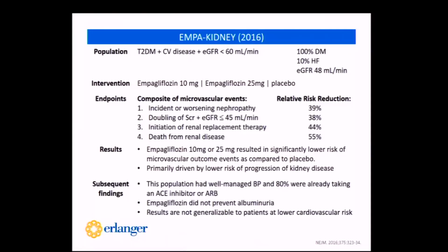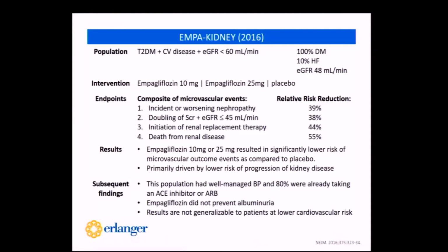So the endpoints really focused in on those microvascular endpoints, specifically the incident or worsening of nephropathy, doubling of the serum creatinine, plus an eGFR less than or equal to 45 milliliters per minute, the initiation of renal replacement therapy or death from renal causes.